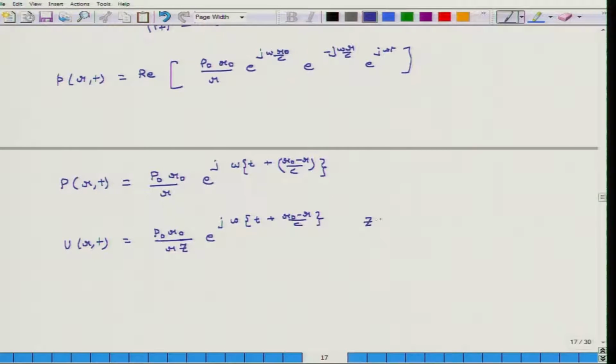And Z changes with R, and we had calculated that. So, actually I will write the expression for 1 over Z. So, here 1 over Z equals 1 over j omega rho naught R plus 1 over rho naught c.